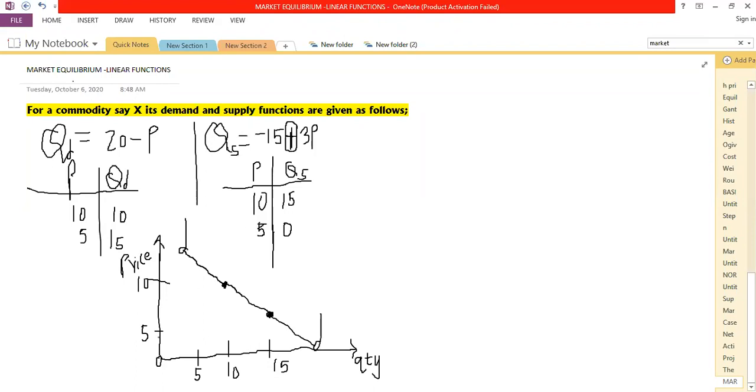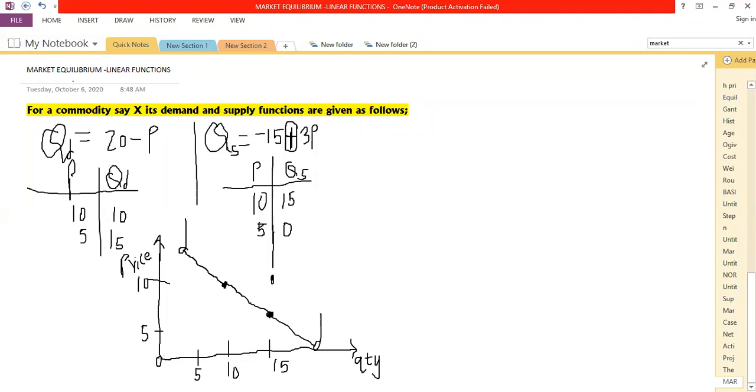Then at a price of shillings 5, we have 0 units, somewhere here. Then at a price of shillings 10, we have about 15 units, somewhere here. You come and plot that. You can include other prices if you want.